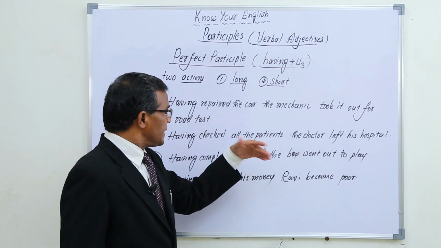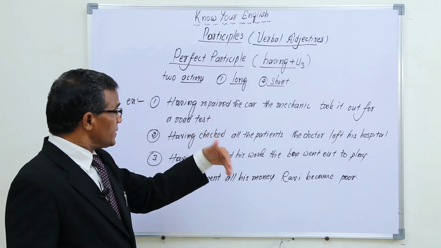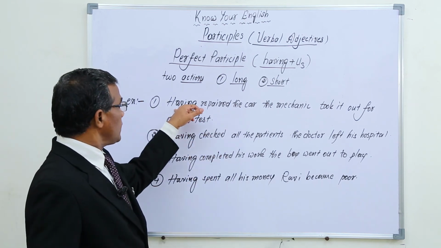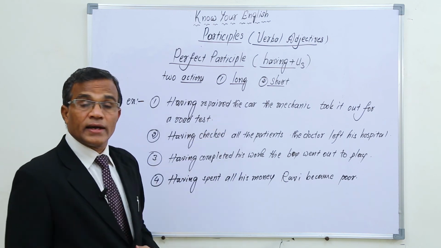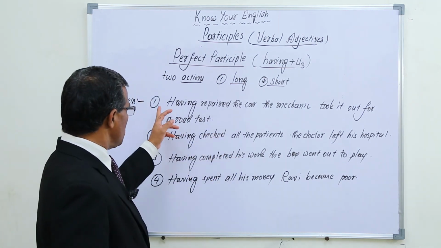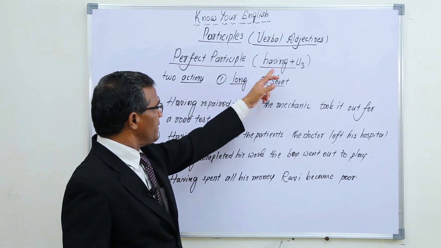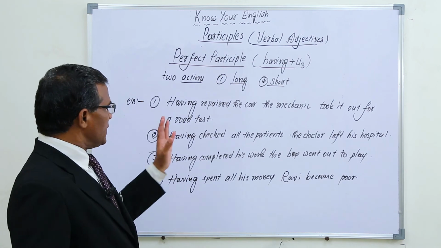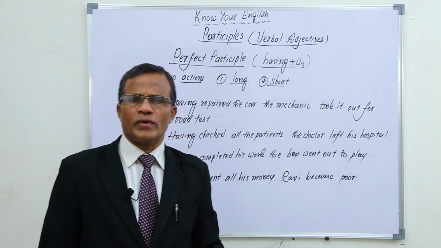So taking it out for a road test is short action. Long action, what we feel is repairing the car is long action. So for this long action we are able to use having repaired. It is equivalent to he repaired the car and took it out for a road test.